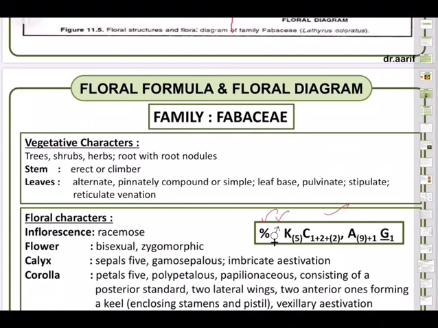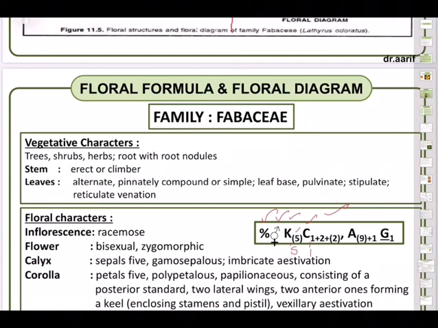And when we write K within brackets 5, what is it called? K represents the calyx, that means sepals, and the sepals are united. That's why you are putting a bracket. And what about C? Corolla. That is colorful petals. Calyx is sepals.